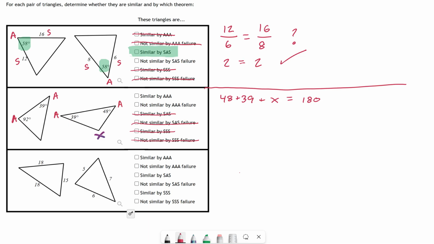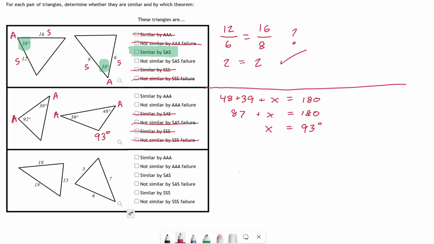Well, little calculator work, and this looks like 87 on the left plus x equals 180. And now I'm going to balance the equation by getting x by itself. I'm going to subtract 87 from both sides. So in that case, x equals 93 degrees. Great. So now I can replace x with 93 degrees.